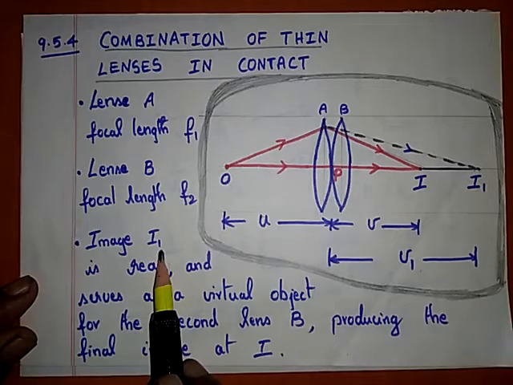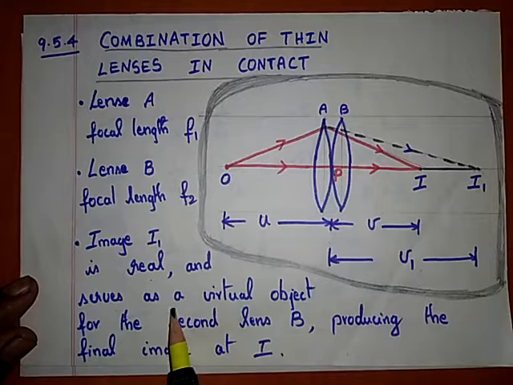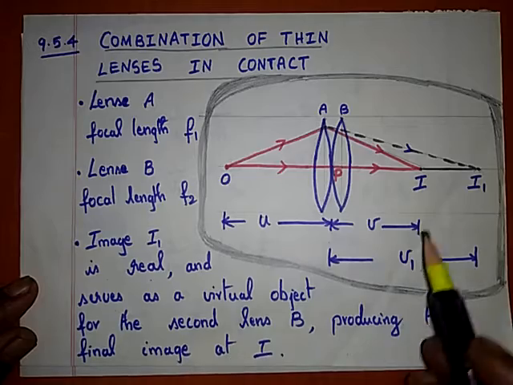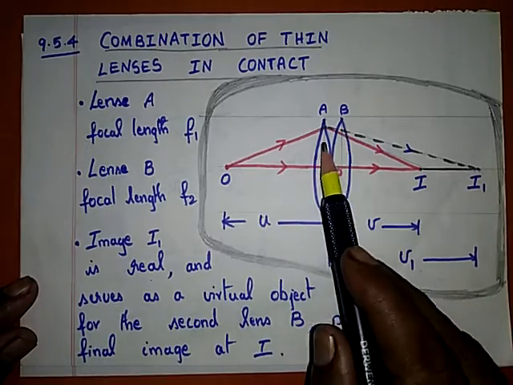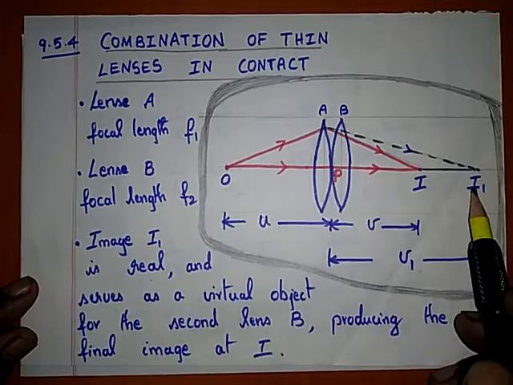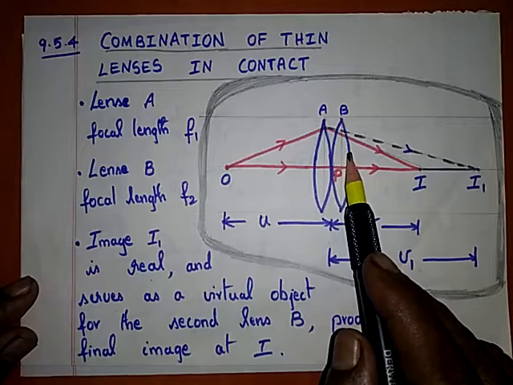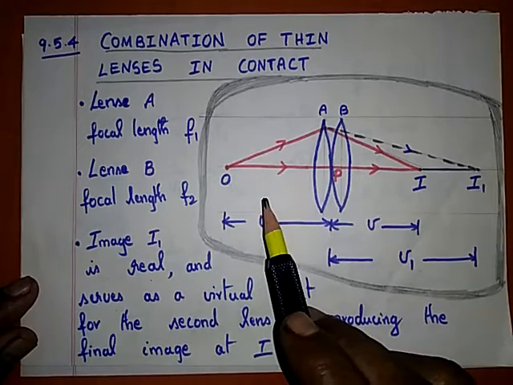So image I1, this one, is real and serves as a virtual object for the second lens B, producing the final image at I. So the image I1 forms the virtual object for the second lens. That is, it is the source for the second lens. That's the meaning. Okay.